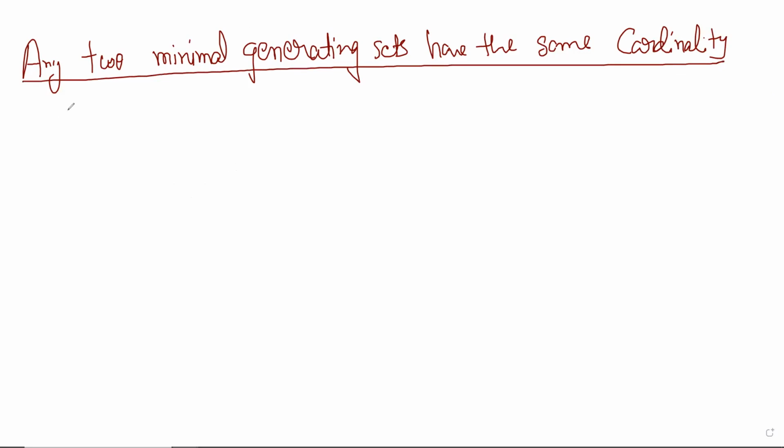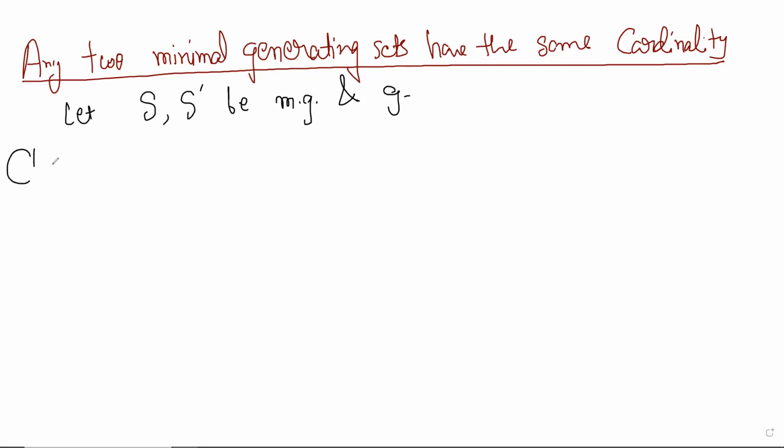So what we are doing is, let S and S prime be minimal generating, and we are taking the other one to be just generating. I can take it to be minimal generating and the proof will still be okay. But if we just take it to be generating, then what we'll prove is a more general lemma, right?